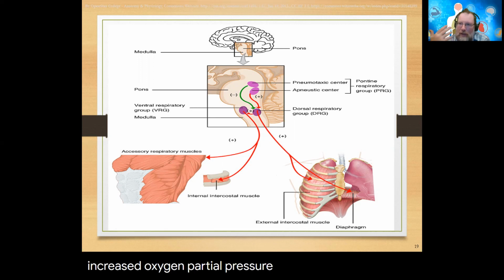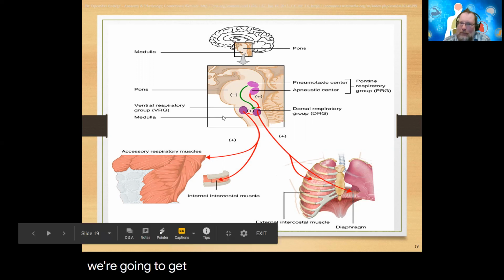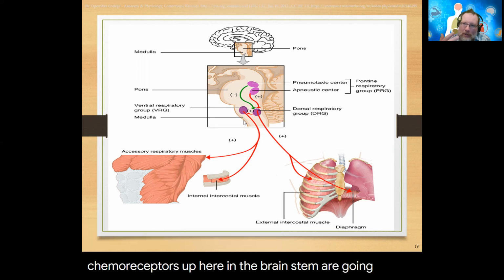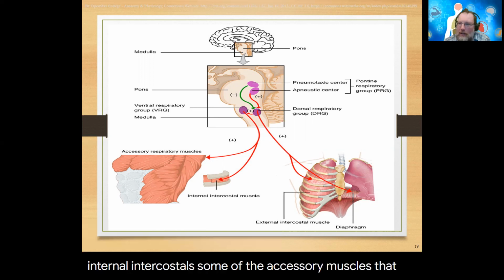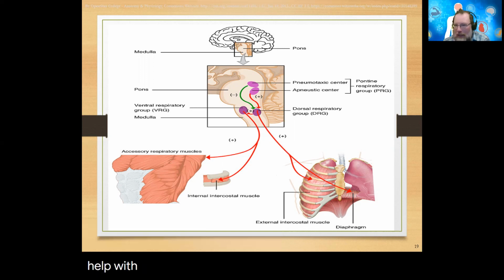And so then the capillary networks and chemoreceptors up here in the brainstem are going to pick up partial pressure of oxygen going up, partial pressure of carbon dioxide going down. So then we can trigger these internal intercostals, some of the accessory muscles that help with exhalation to occur. So we need to breathe out.